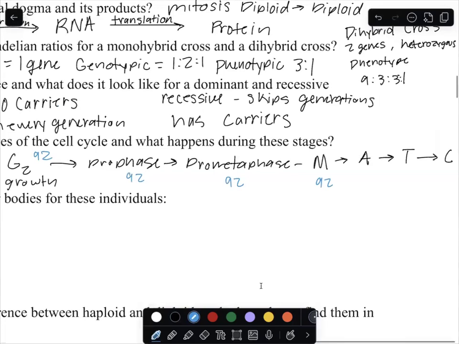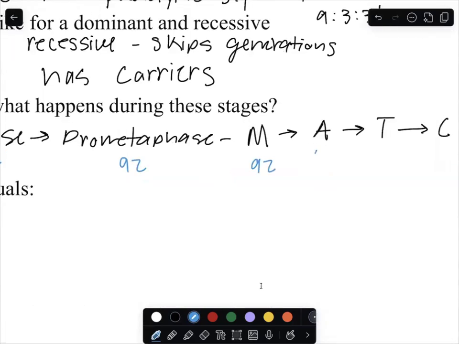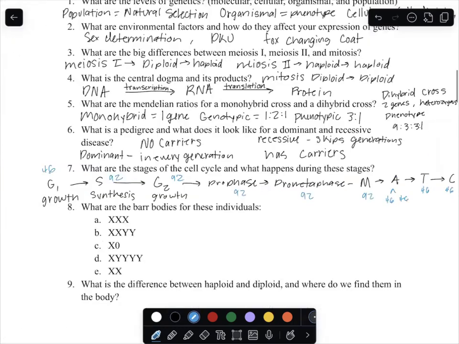So you separate back to 46 and 46. And for the rest of these, you're going to have 46 and 46 to give us back the same number that we started with in mitosis.